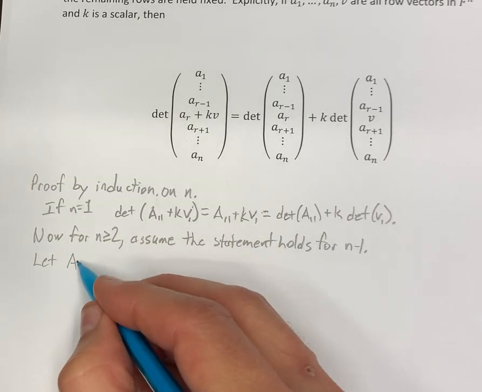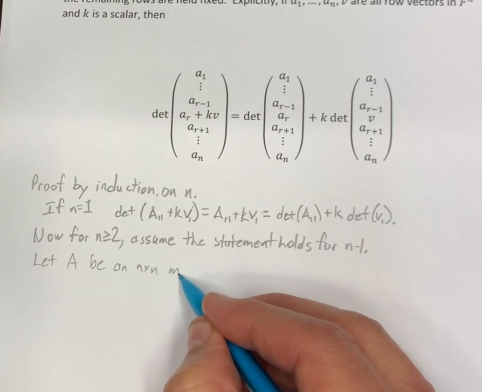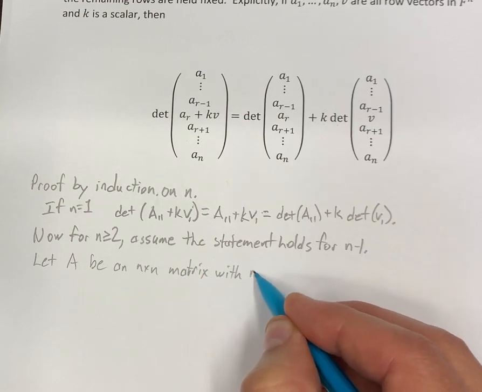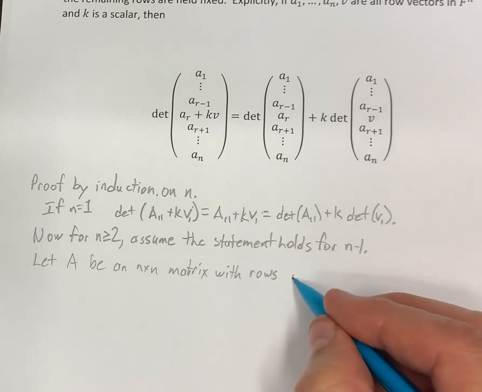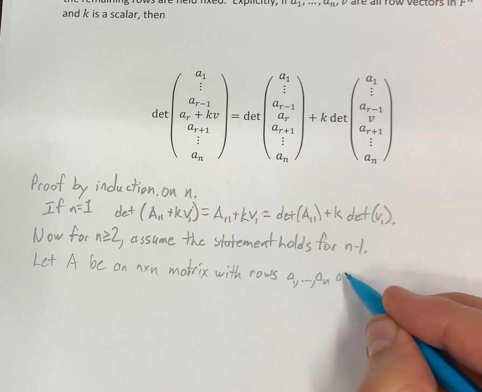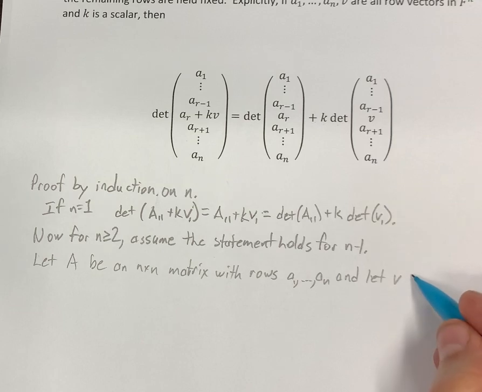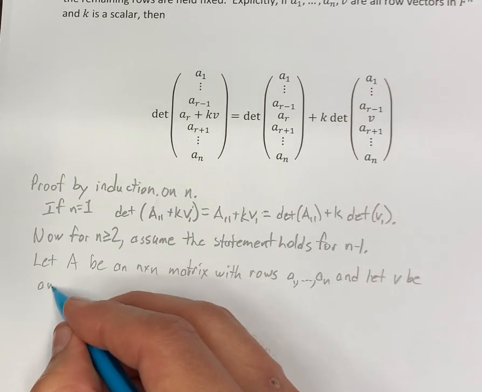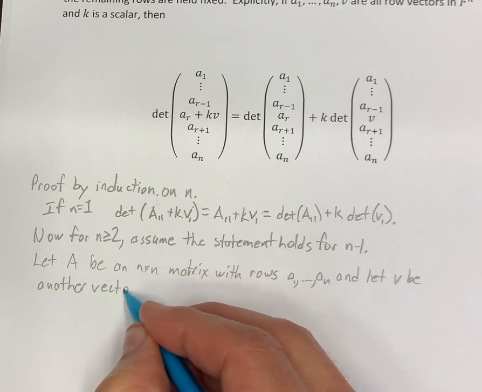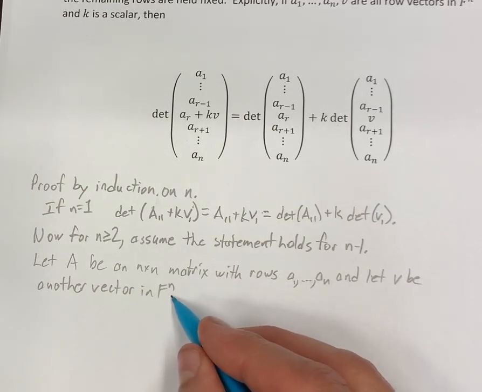Let A be an n by n matrix with rows a1 to an, and let v be another vector in Fn, another row vector, basically.